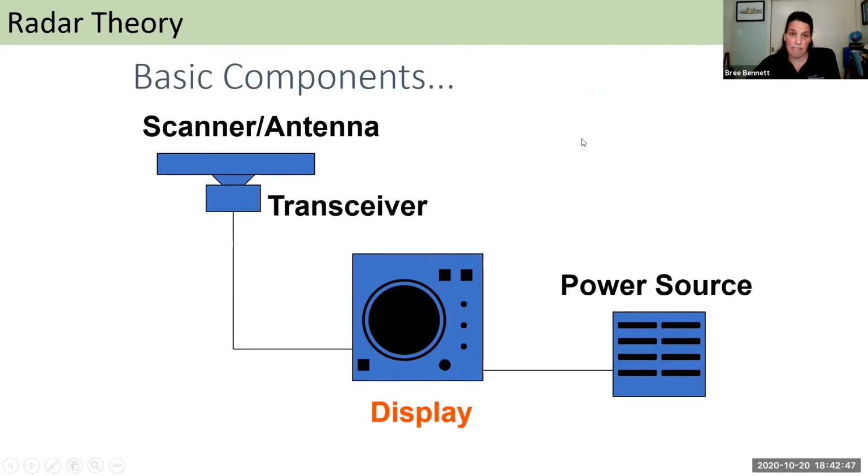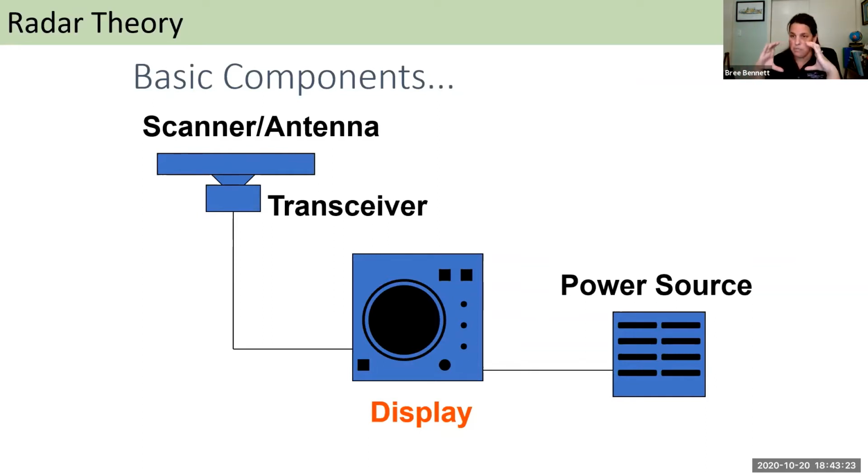The very, very basic components: we have to have a power source. If you have two radars, a lot of times that power source has to be independent, focused just on the radar itself. It can't be plugging in your iPhone or all these other things. It needs to have its own individual power supply. It has to have some sort of display, and it can be a small display with a couple of buttons, not some big screen with a keyboard.